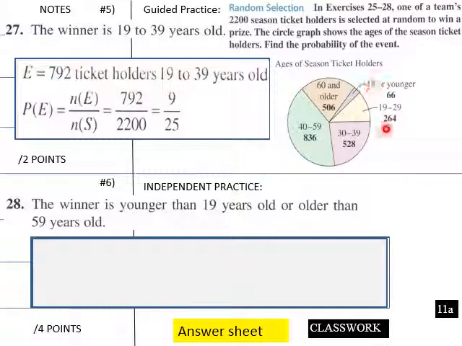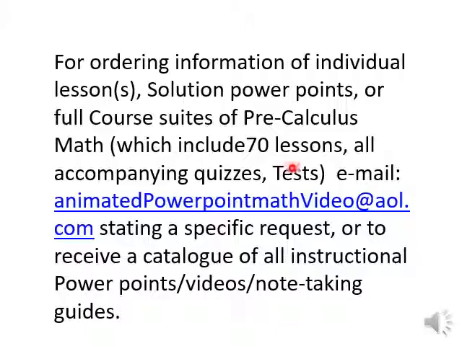So add these two numbers and you get 792. That comes out to 9 over 25 for the probability of this happening.